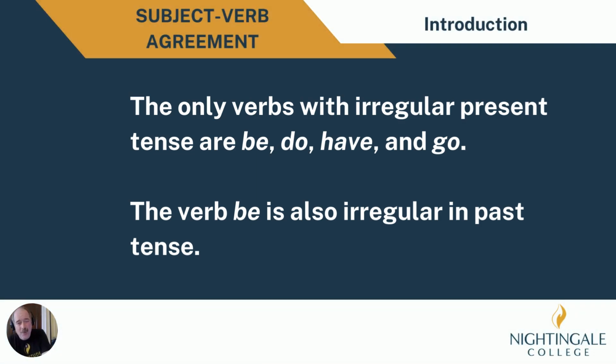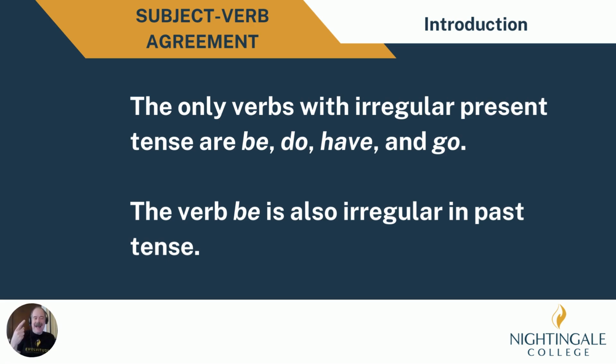There are only 4 verbs in the English language that are irregular in present. Be: I am, you are, he, she, it is, we are, they are. Do: I do, you do, she, he, it does, we do, they do.